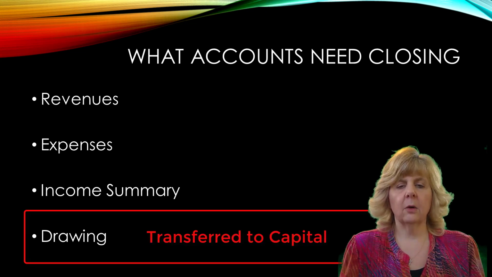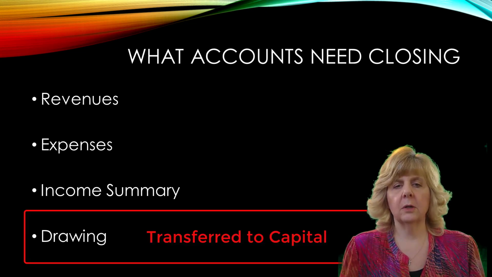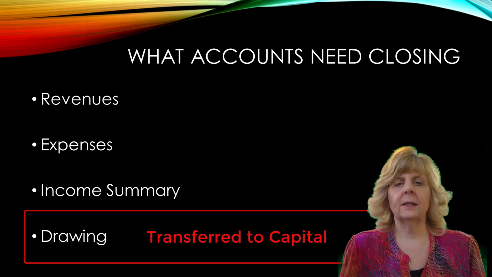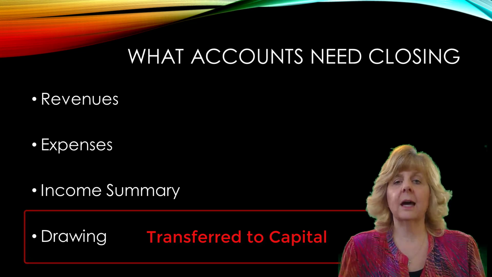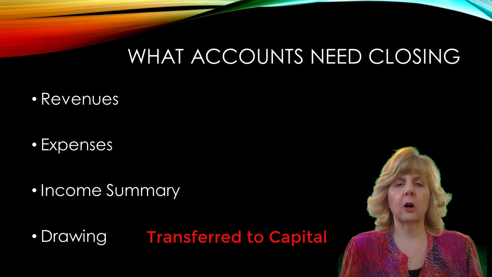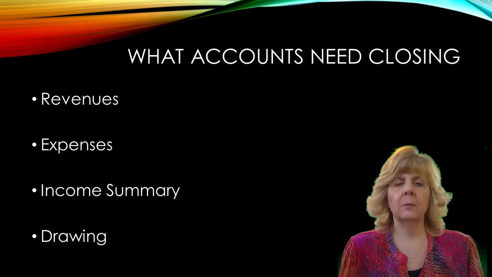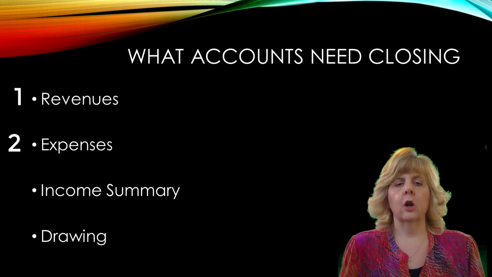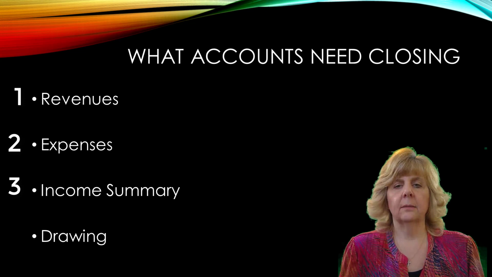Drawings make the owner's capital account go down. So once again, the purpose of this slide is to reinforce that 4 journal entries are needed in the closing process. Close the revenues, close the expenses, close the Income Summary, and close the drawing. Let's check out how to do that.